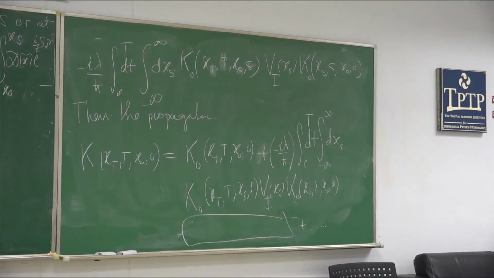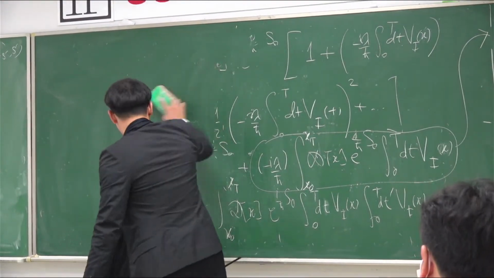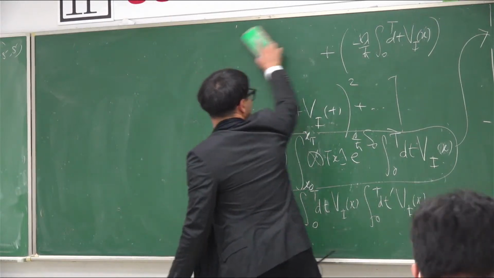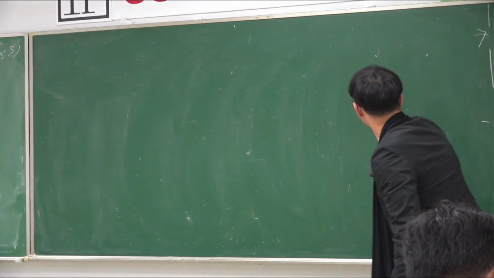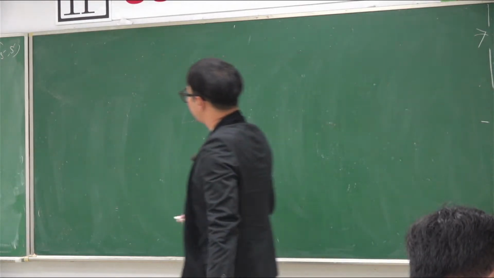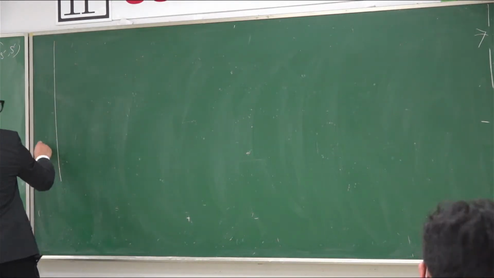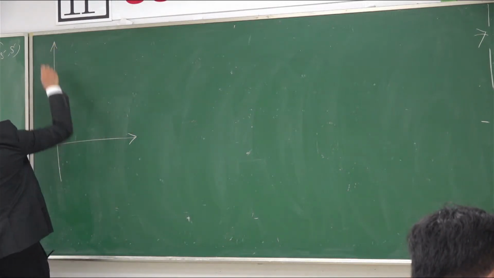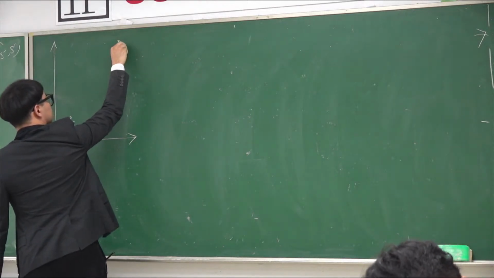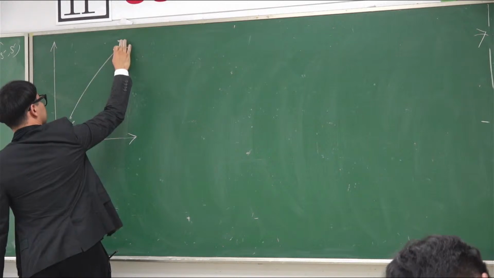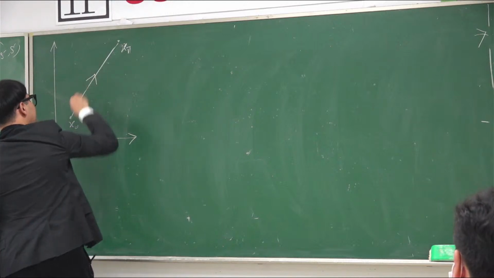Okay, let's see, we're going to draw a graph. This. So, the first term is a straight line.